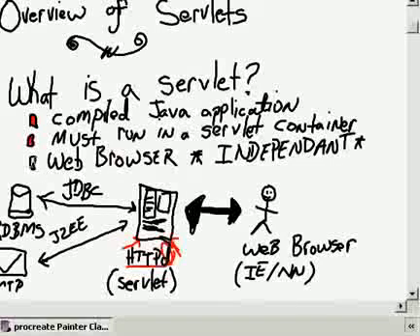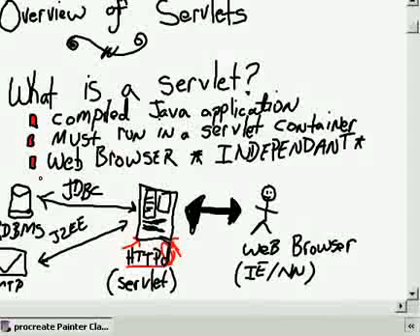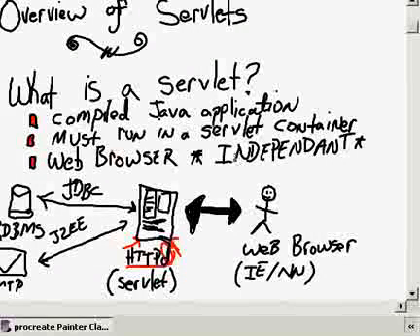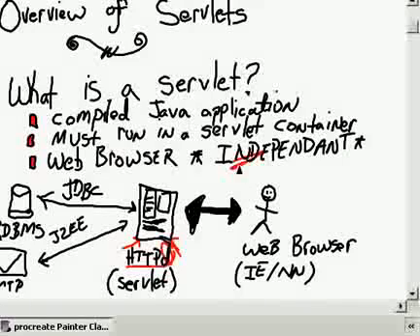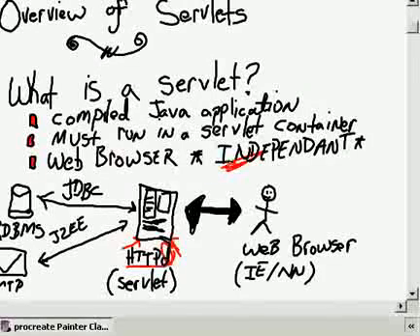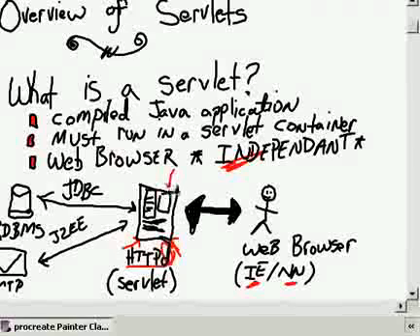And another cool characteristic and a benefit of writing a servlet is that they're web browser independent. Not dependent, but independent. What does that mean? Well, that simply means that you could use Internet Explorer and Netscape and do all of the programming on the server, meaning on the servlet.